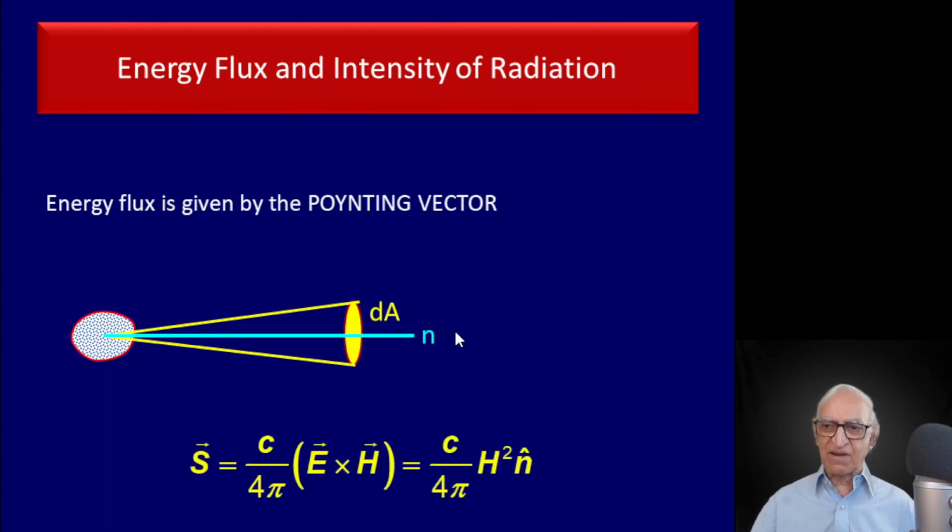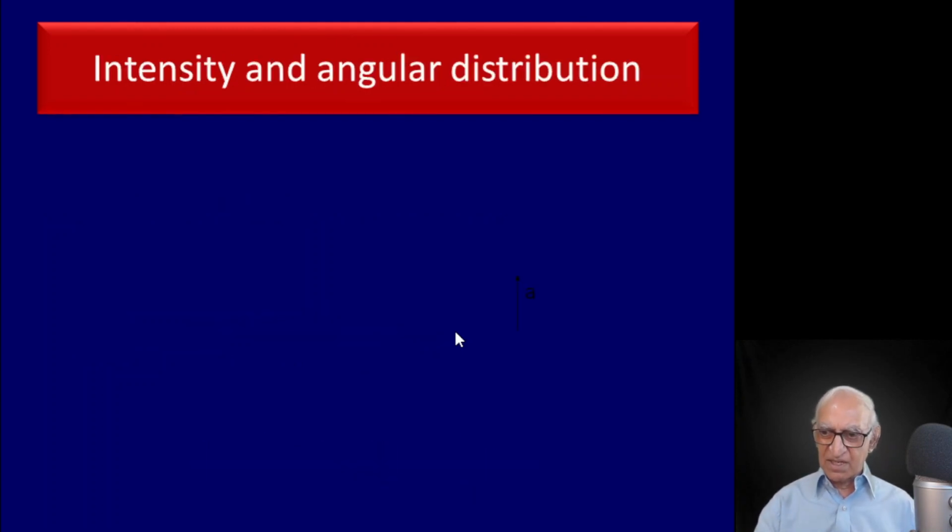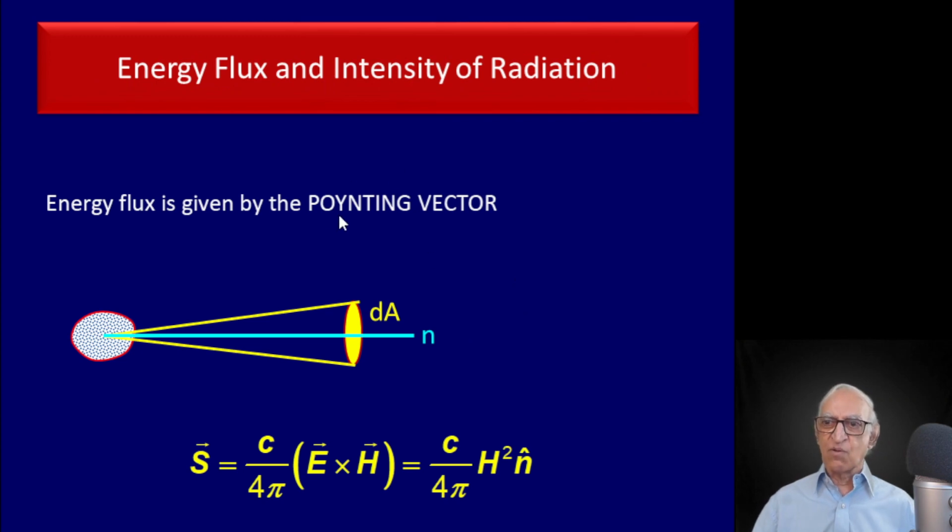Now, the energy flux in electrodynamics is given by what is known as the Poynting vector. The Poynting vector is E cross H. So the Poynting vector is proportional to the square of the magnetic field. I could have also written this formula in terms of the electric field, and the Poynting vector will be proportional to the square of the electric field. c over 4 pi E cross H. Okay, that is the Poynting vector.